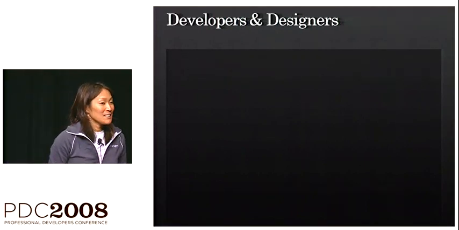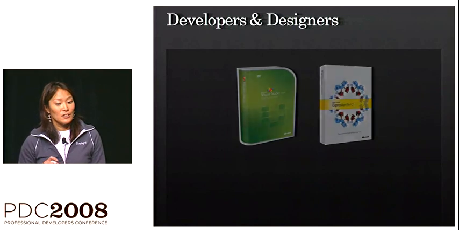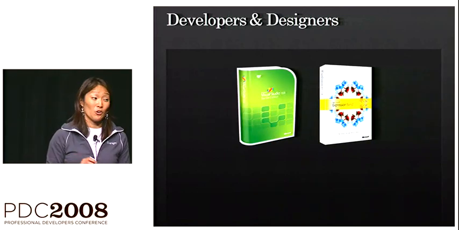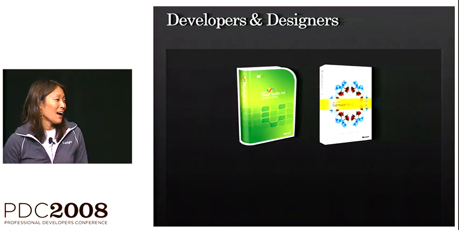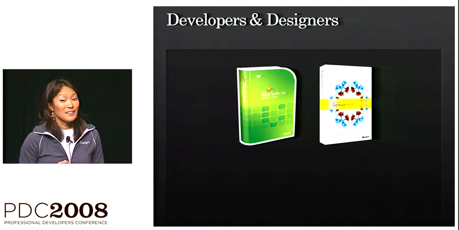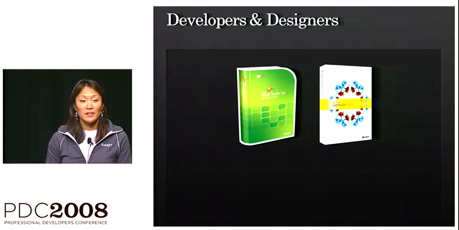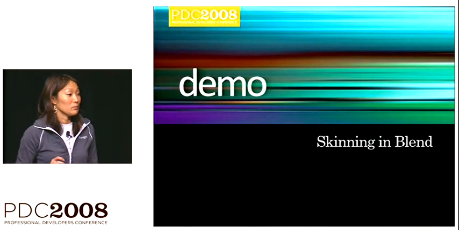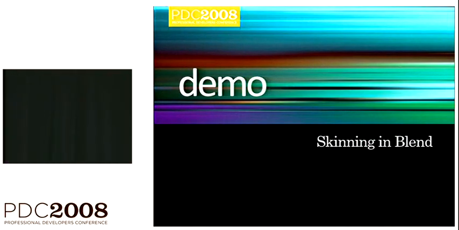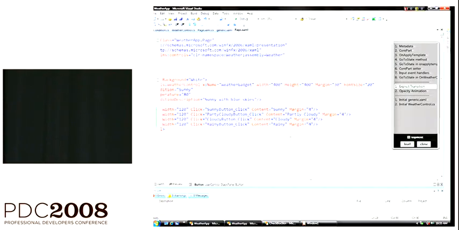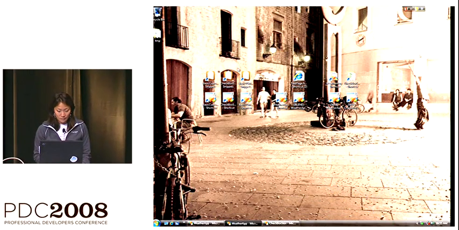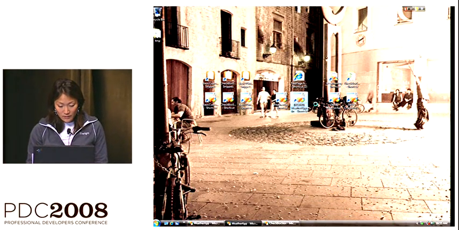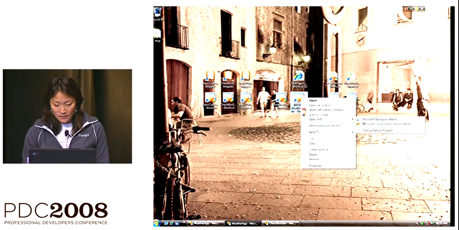Okay, so far you've seen a lot of Visual Studio, but as you know, you are a designer. And designers, more often than not, will be in Blend. And so very quickly, I wanted to show you how we skin our weather control in Blend. I'm going to open this up in Blend very quickly.